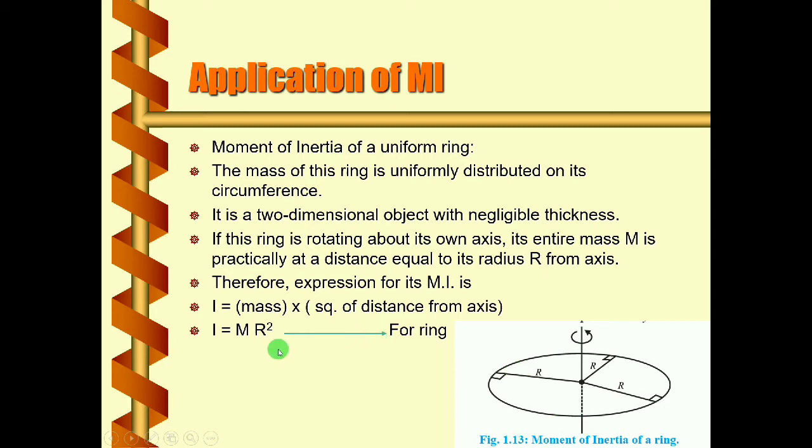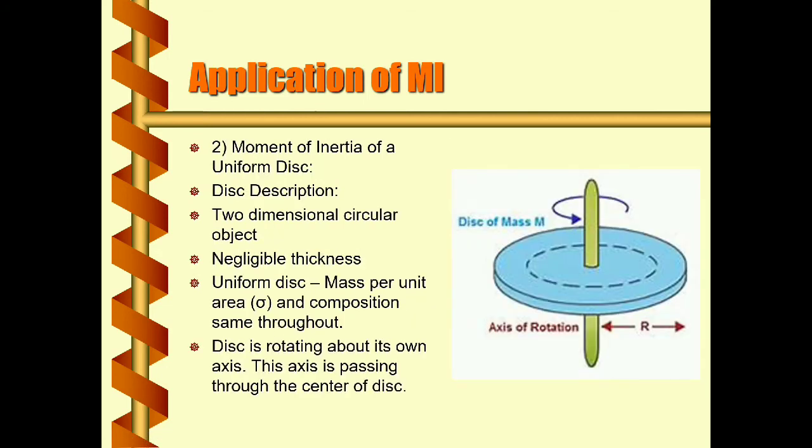So you can write I equal to mass, capital M, into the square of the radius, R square. So the final expression for the moment of inertia of a uniform ring when the axis is passing through its center and perpendicular to its plane will be I equal to MR square. You can directly apply the definition of moment of inertia.